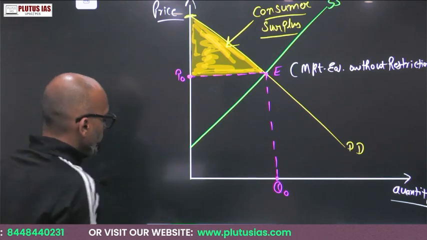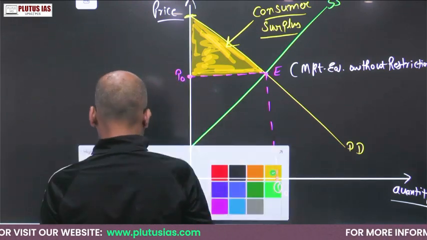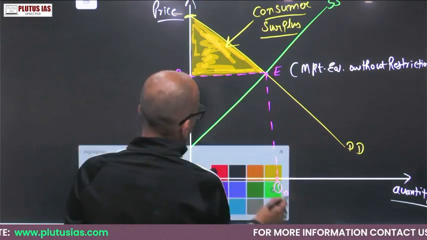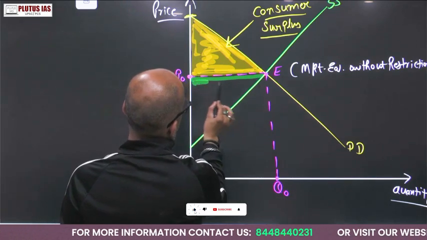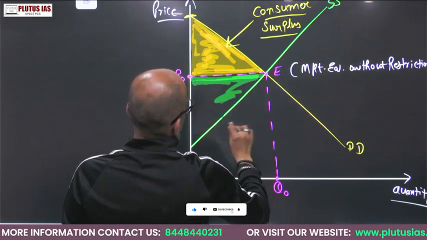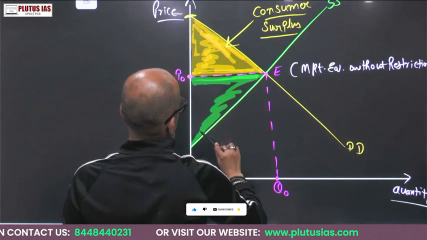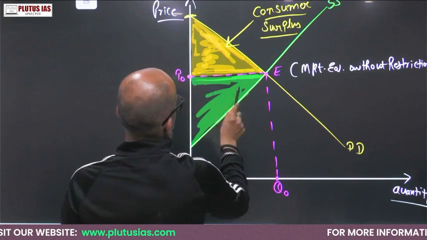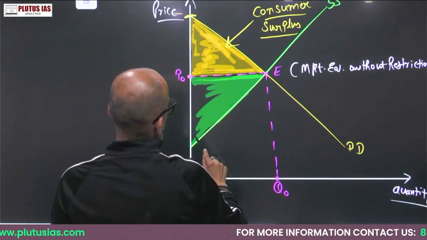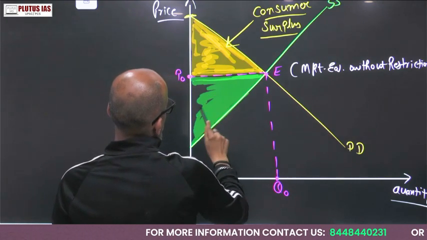Now look here, I am again going to shade one region. Right, this triangle which I am shading.